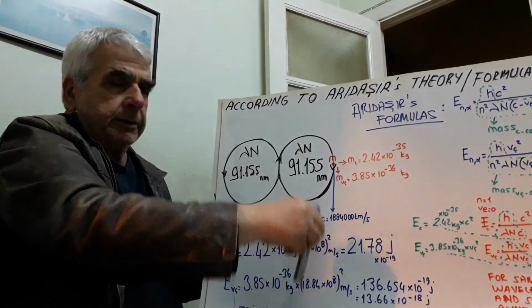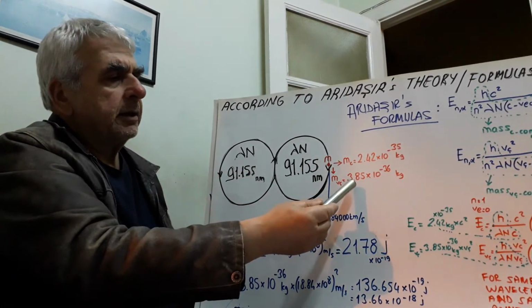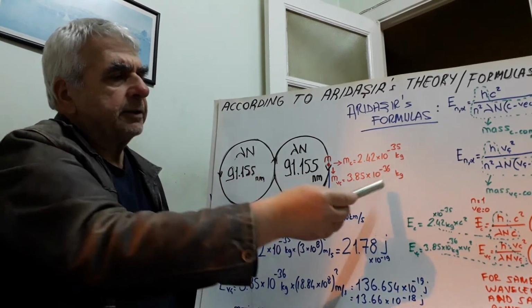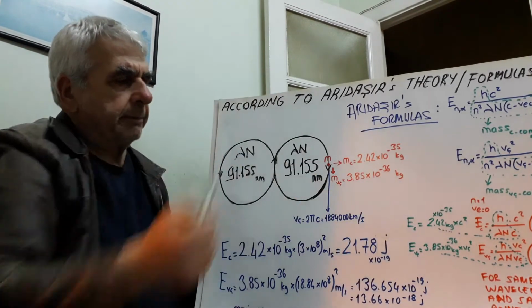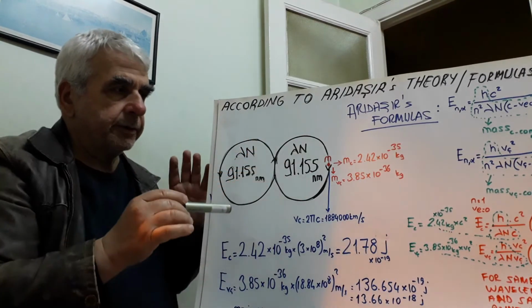Linear velocity direction mass component is 3.85 10 to the minus 36 kilogram. Okay. Don't forget these figures.